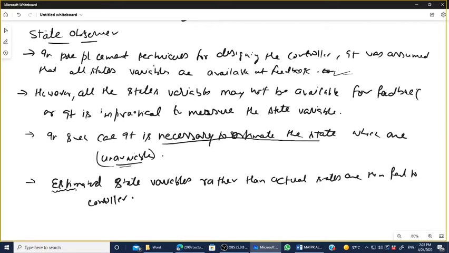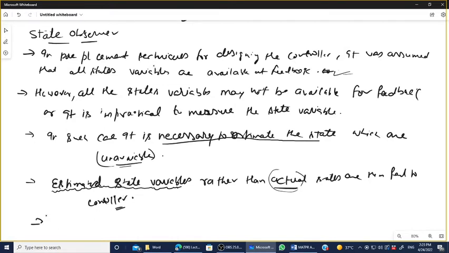We have to estimate those state variables, and rather than an actual measurement, we send these estimated variables to the controller in order to design it. The fundamental is this one.